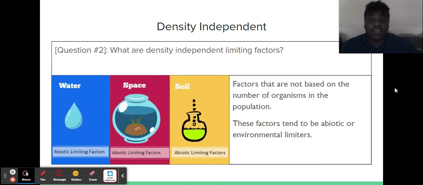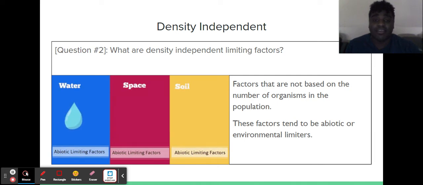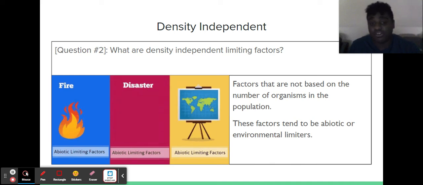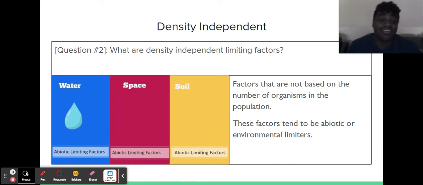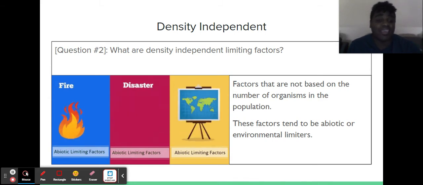Now, on the other hand, we have density independent, which means these factors will affect the population. It doesn't matter if there is a small population or a large population, these will exist and these will still kill off some members. These are usually going to be abiotic or non living factors.